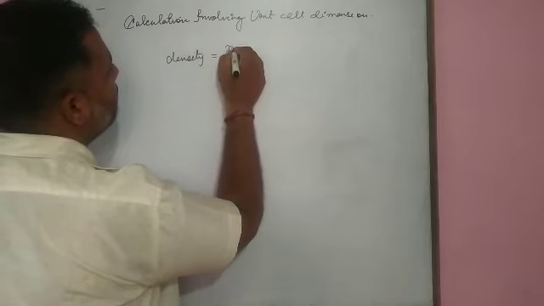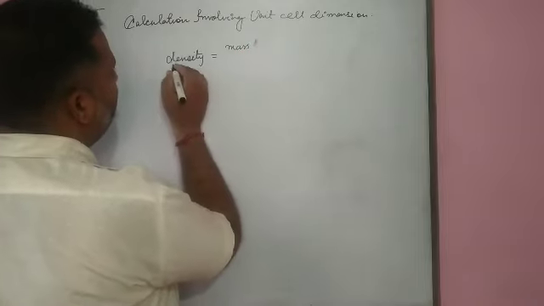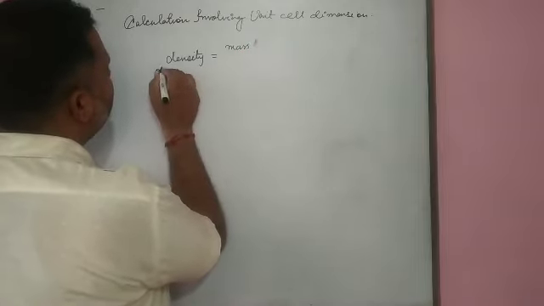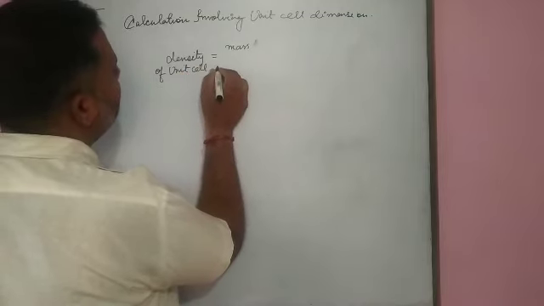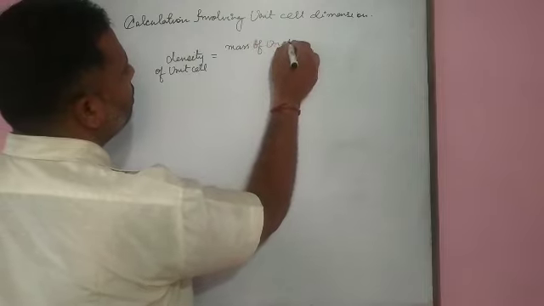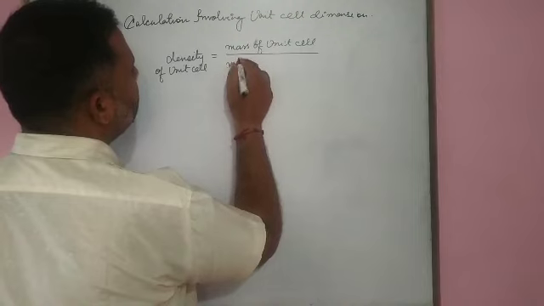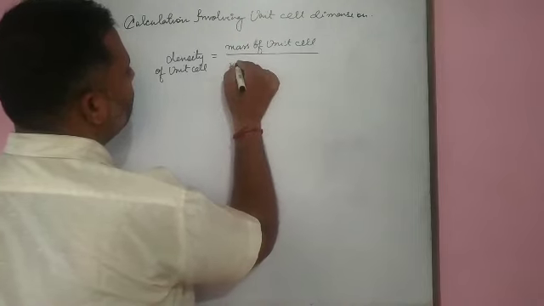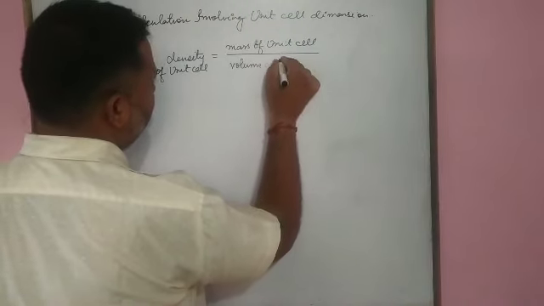Density is equal to mass upon volume. If we are discussing the density of a unit cell, it is equal to the mass of the unit cell by the volume of the unit cell.